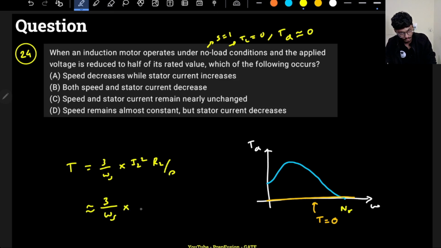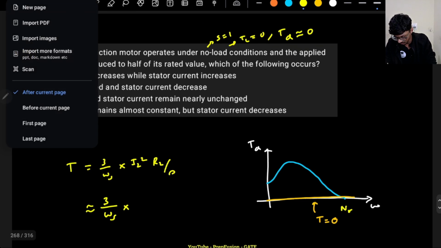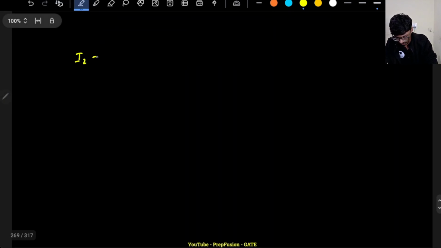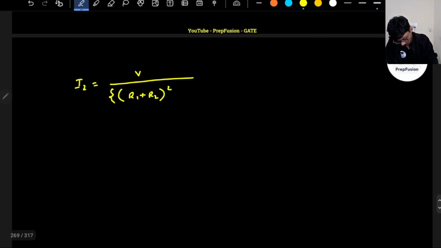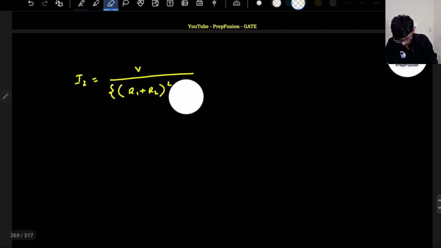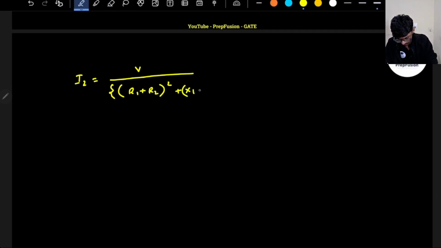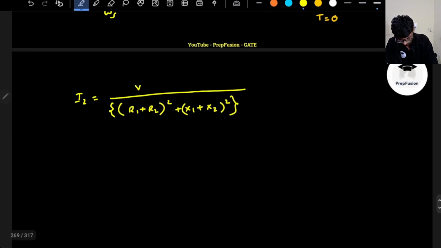What is I2 proportional to? I2 will be equal to the voltage V upon the square root of (R1 plus R2) whole square plus (X1 plus X2) whole square.